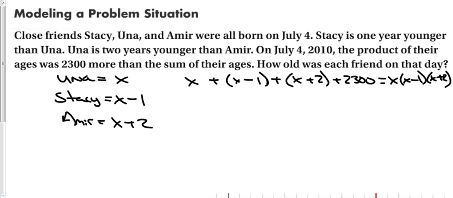Got a little squeezed off there, but that's the general idea. Now if we could simplify that, if I could turn it into a polynomial in standard form, then I could graph it and figure out the ages. So 1, 2, 3x. Minus 1 plus 2 is 1 plus 2300.